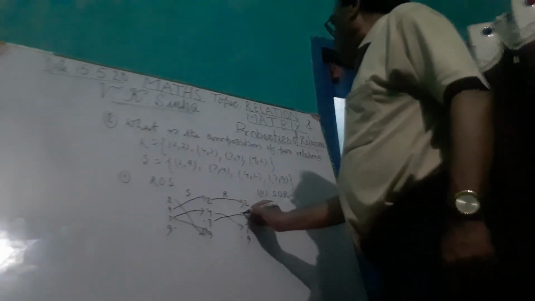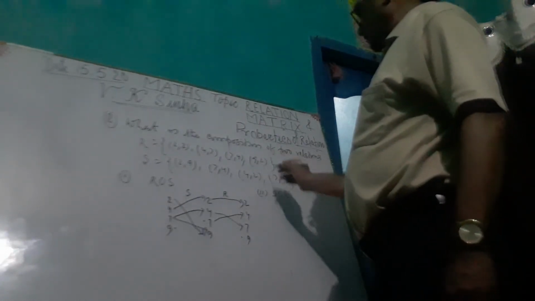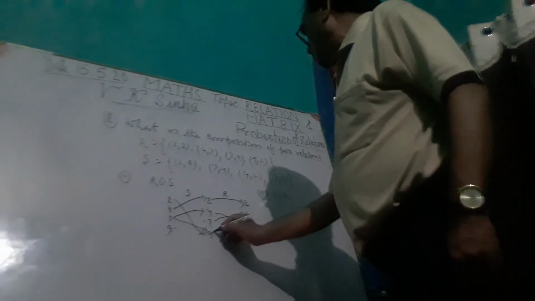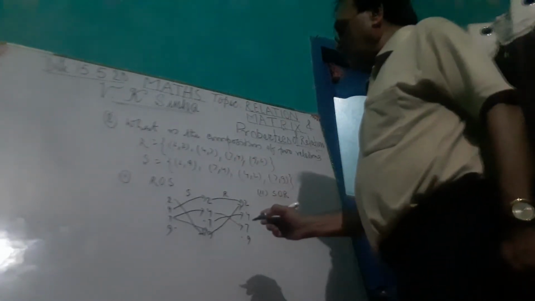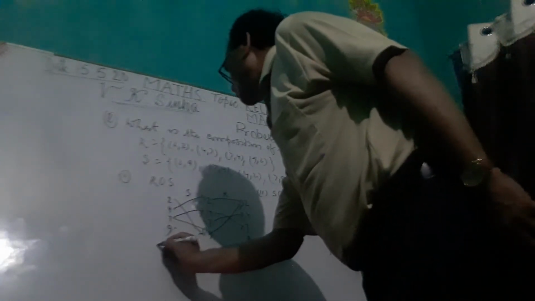And 9 to 2. So how can we write the composition relation SOR, which is the member of ROS?